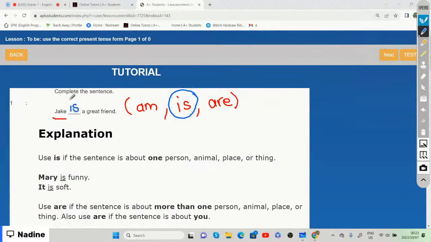And is refers to basically one person. So Jake is one person doing something, right? So this sentence is only about one person. It's only about Jake. And that's why we use is.